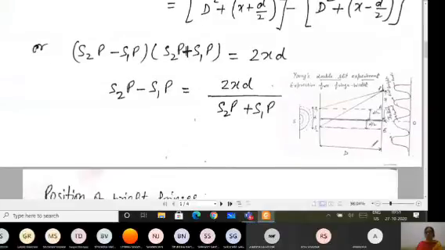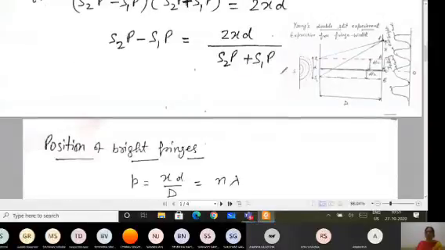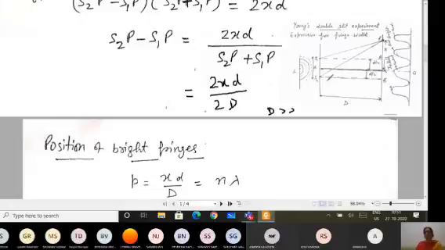So, when I want to get the bright fringe, S1P and S2P can be taken as capital D. It means this will become twice of capital D. Because capital D is very large, when I compare S1P plus S2P, I may take it approximately equal to 2D.